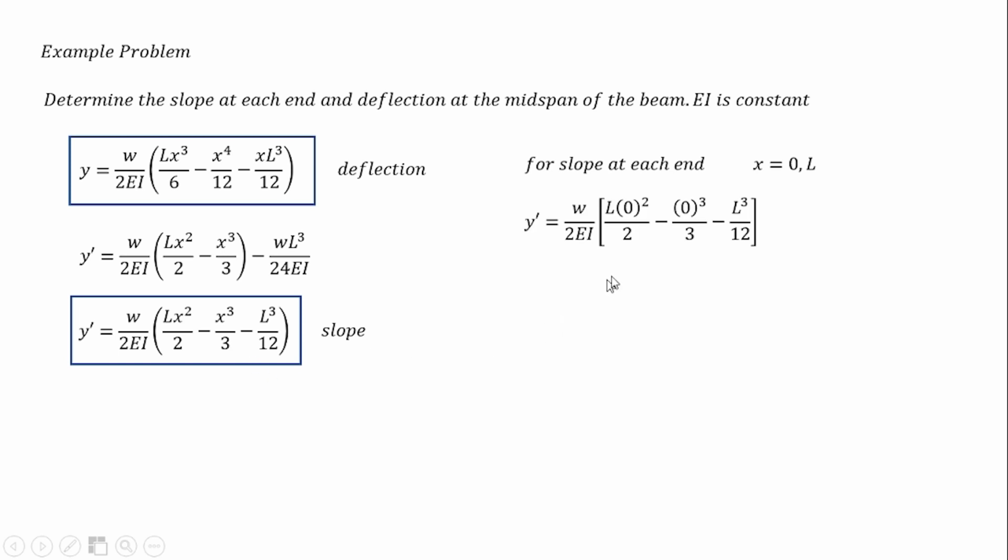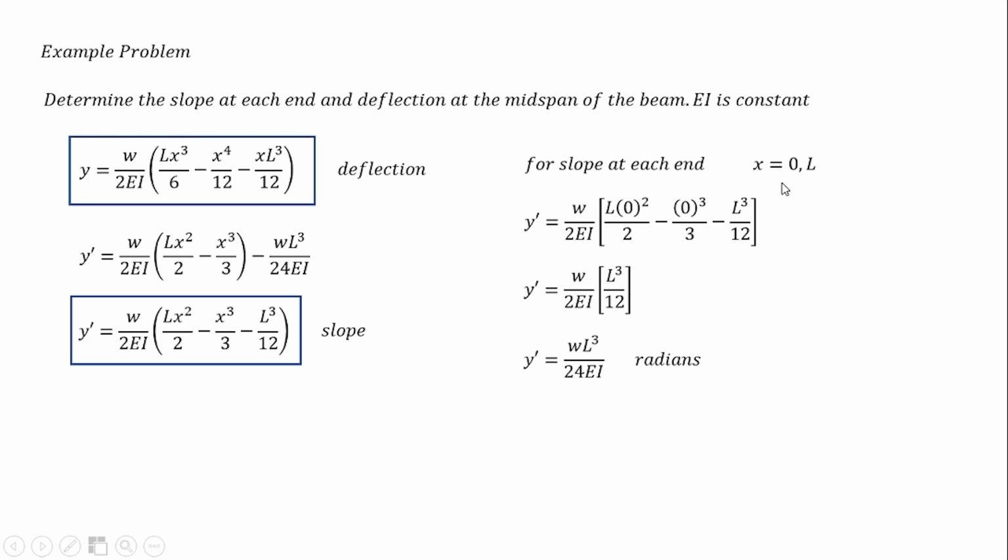So, substituting the value for x, let's start with 0. When we substitute the value of x, the equation we get is w over 2EI times L cubed over 12, or simplifying that is wL cubed over 24EI. And this is in radians. When we substitute values here, what we get is in radians.